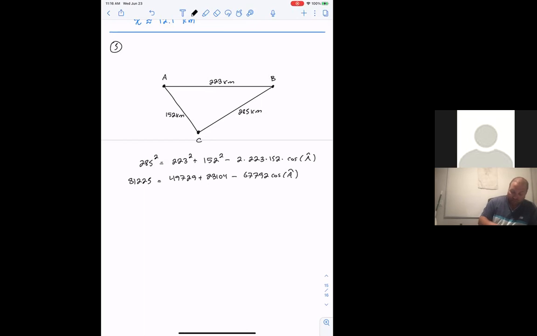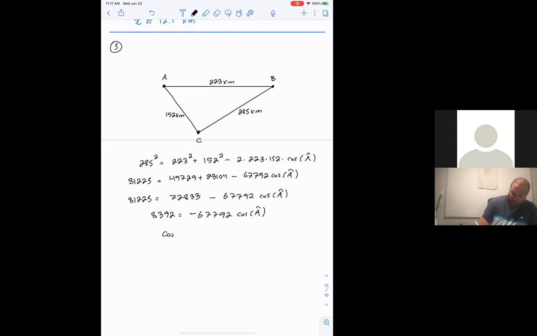So 49,729 plus that, I have 81,225 equals 72,833 minus 67,792 cosine of A hat. 81,225 minus 72,833 gives 8,392 equals negative 67,792 cosine of A hat, divided by negative 67,792.